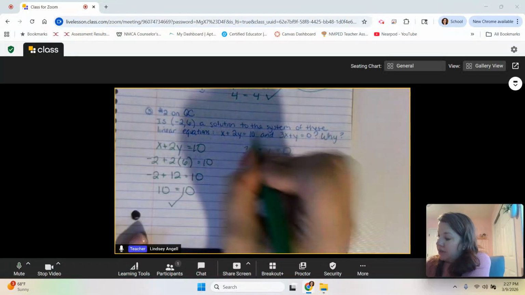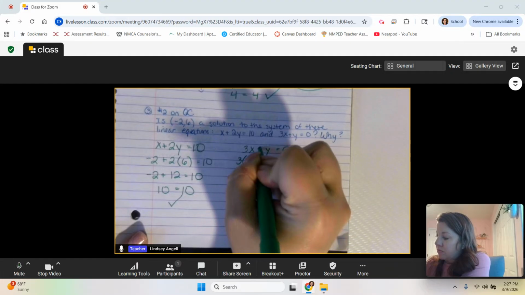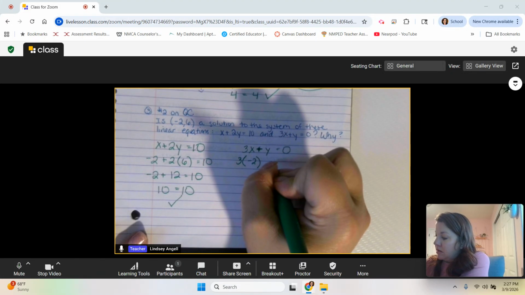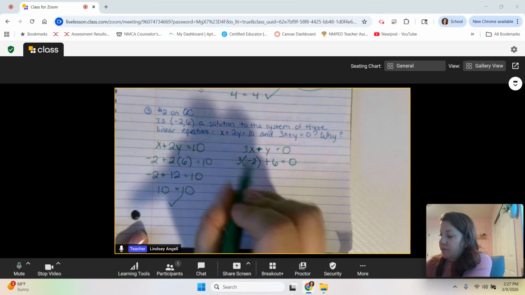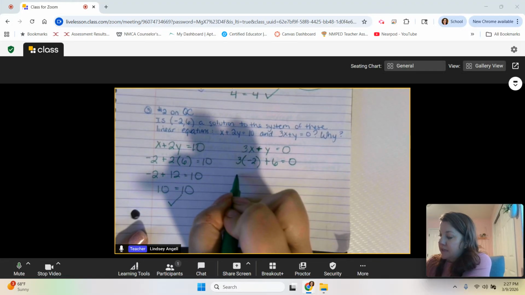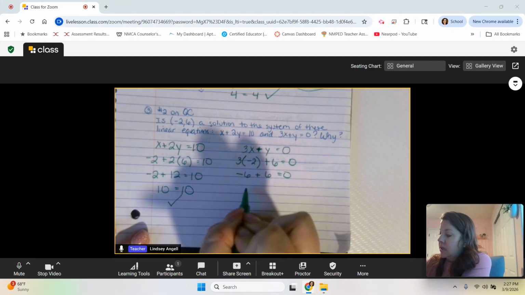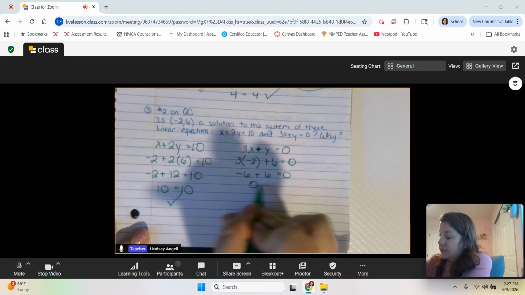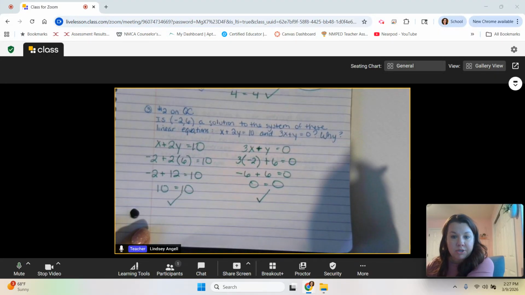So again, we're going to plug these in. 3 times negative 2, plus 6 equals 0. Well, let's see. 3 times negative 2 is negative 6 plus 6. And then negative 6 plus 6 does equal 0. So we get the same thing on both sides. So they both check out.